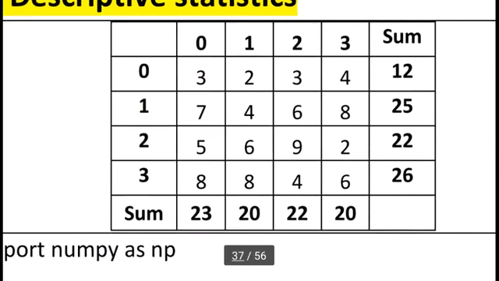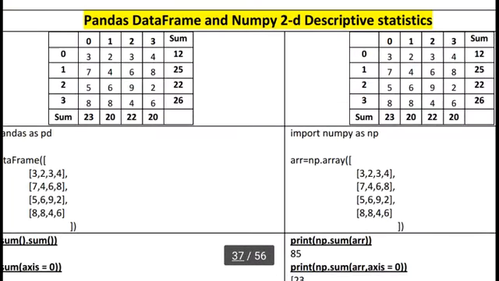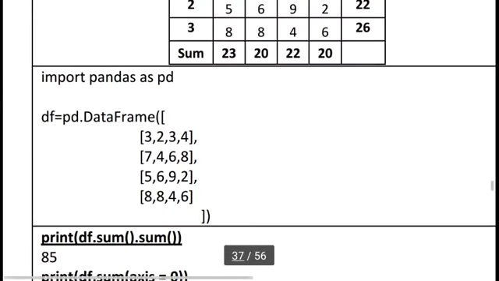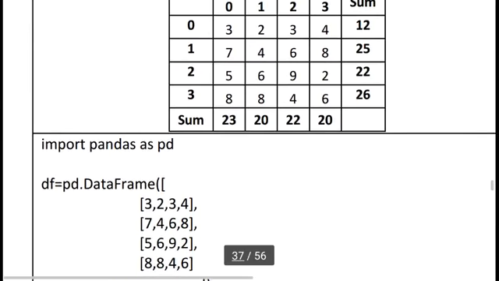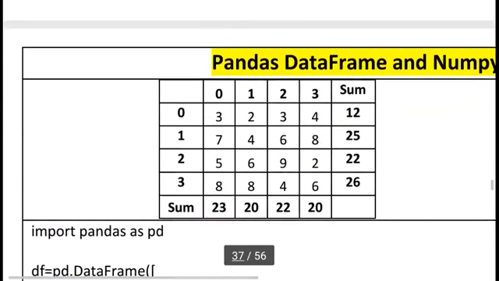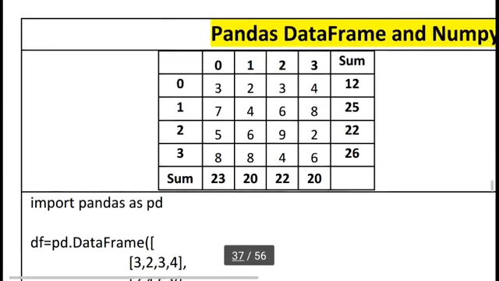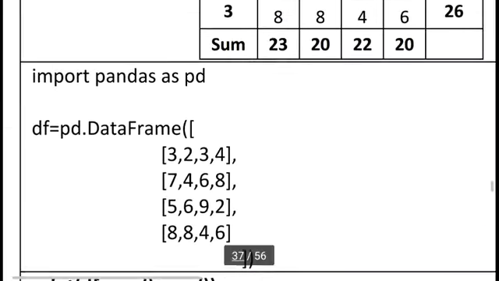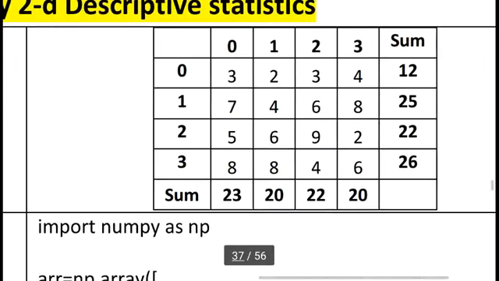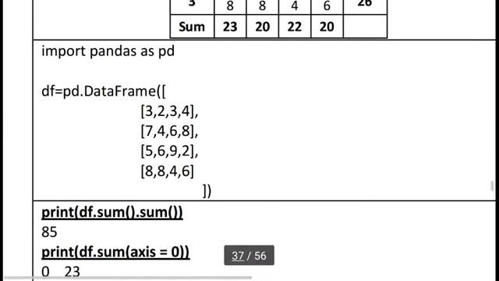Same example, but I want to store this table. First, comparatively, I want to store this table in a pandas data frame. It's a very simple process. Directly we can use import pandas as pd, pd.DataFrame, with the list-inside-list concept I have used to store this data. We know very well the same data I want to store in a NumPy 2D array.